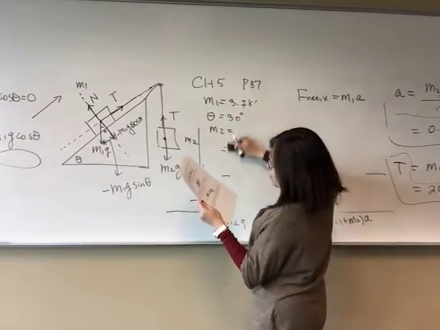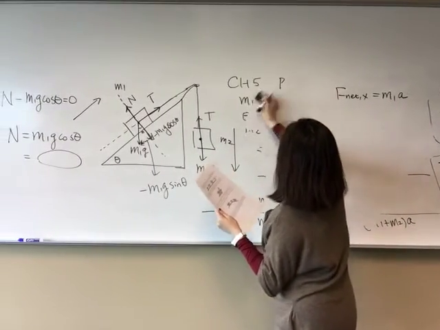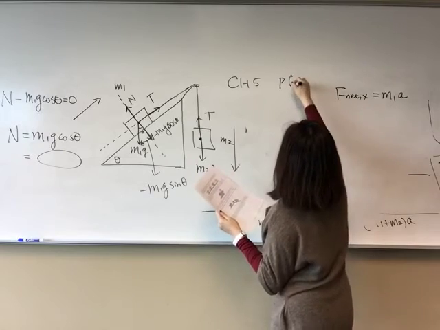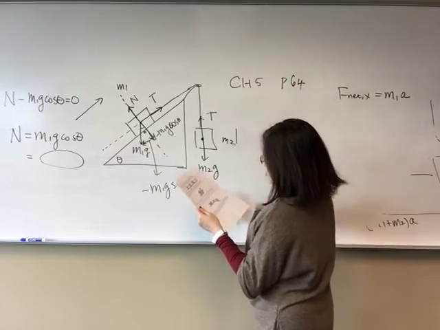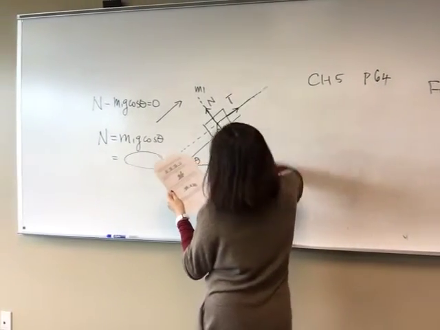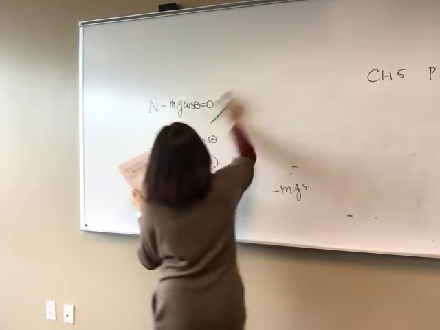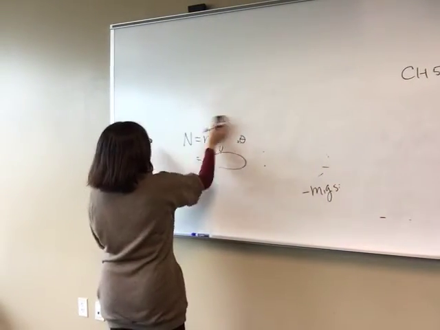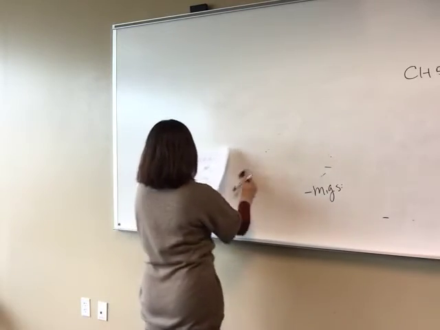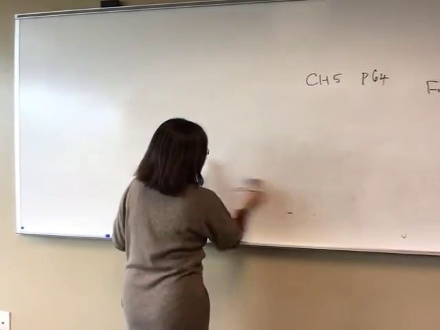All right, so the next one we're going to do is 64. So 64 again is a two-block system, but it's organized a little bit differently from the problem that we just did. So let me see.